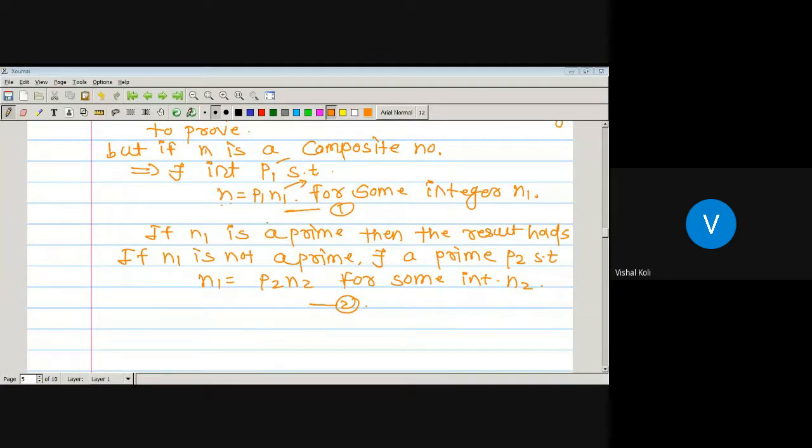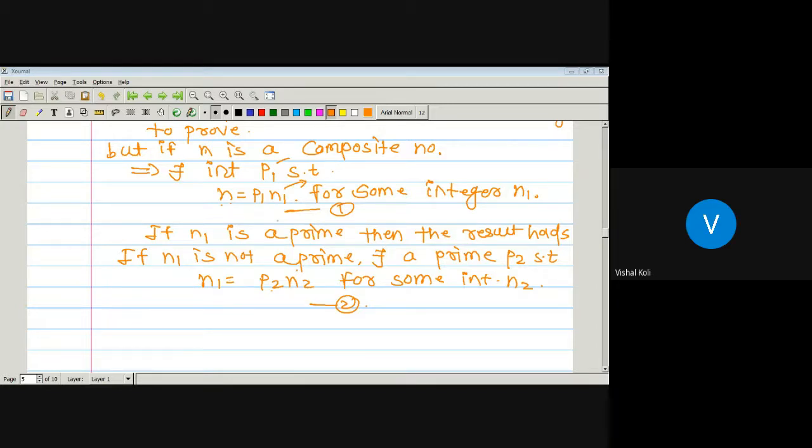But if n1 is not a prime, it means it is a composite number. If it is a composite number, then it must have a divisor other than 1 and n1. But again, by the previous theorem, the smallest divisor of any composite number other than 1 is a prime number. So again, this n1 has some smallest divisor p2. As p2 is a divisor of n1, n1 can be expressed as a multiple of p2, so we have written n1 as p2 into n2 for some integer n2.